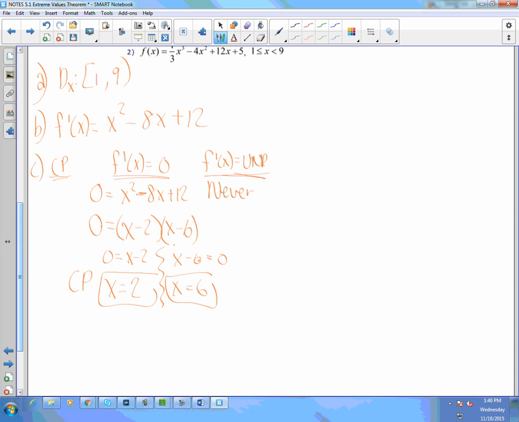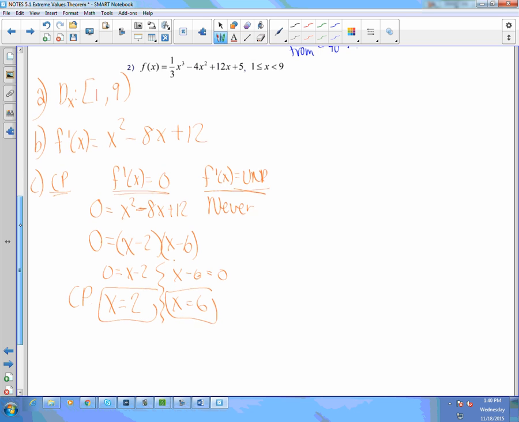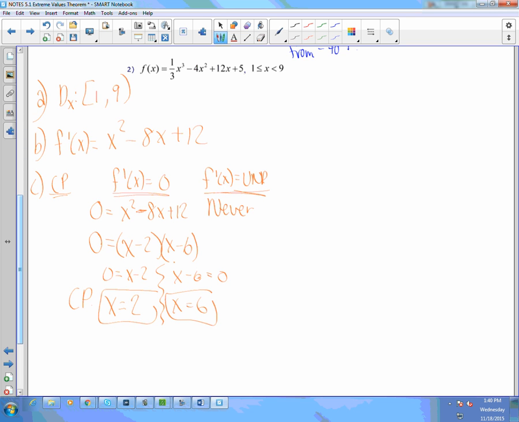That's why the derivative's value is 0 there. Okay, after we've done the critical points, fourth step, number line of f prime. And we put those in order, 2 and 6.